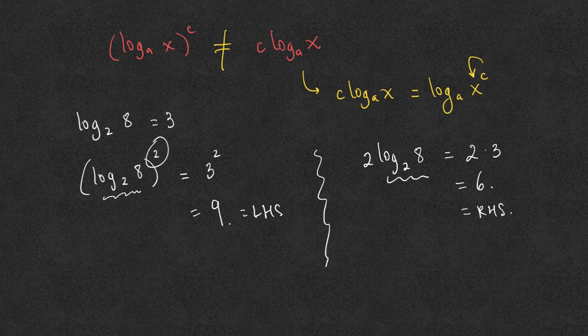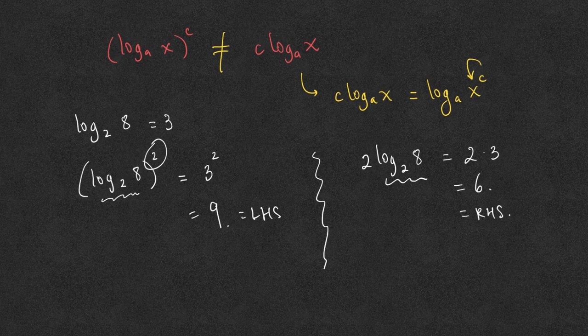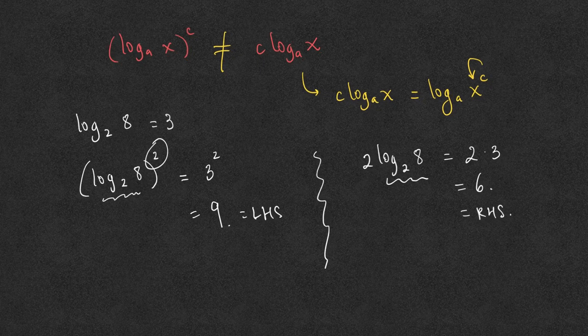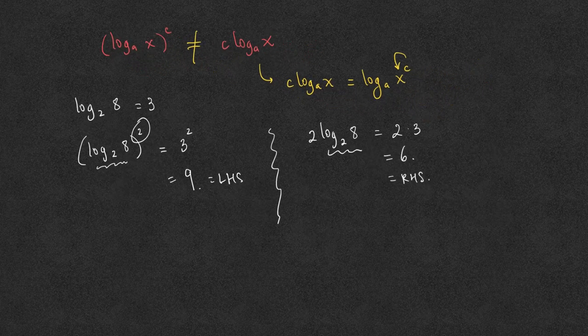We keep using log base 2 of 8 as a counterexample, but any log would work in this case. For example, log of 1000 is 3 because this is the common log, base 10. 10 cubed is 1000.